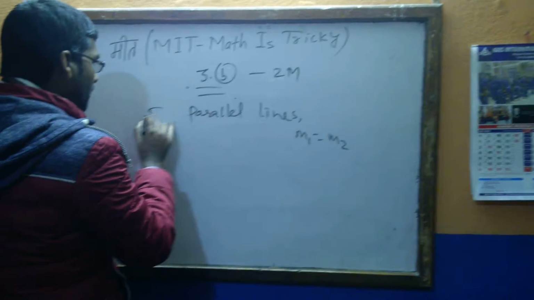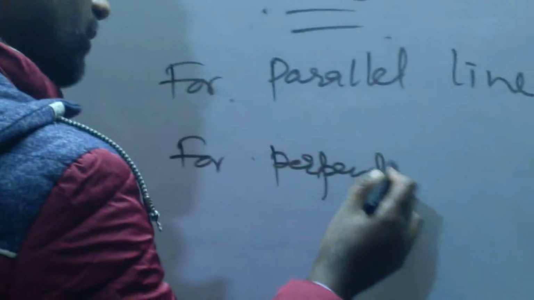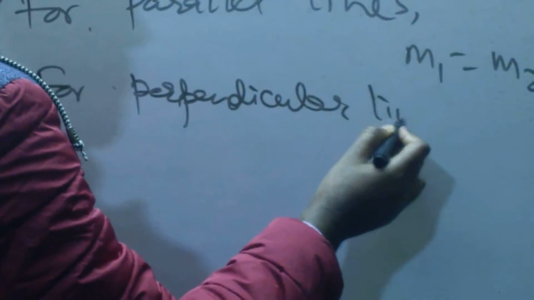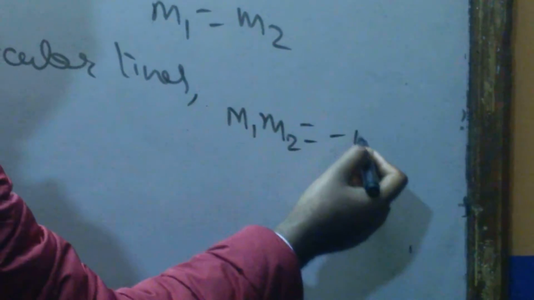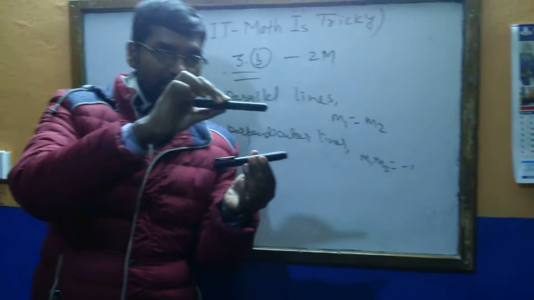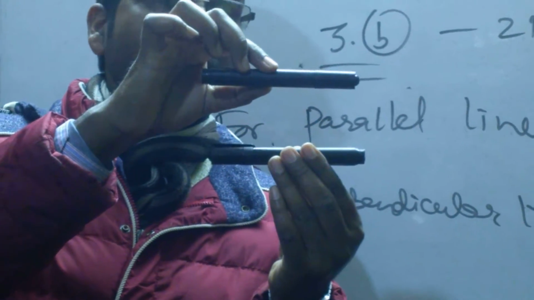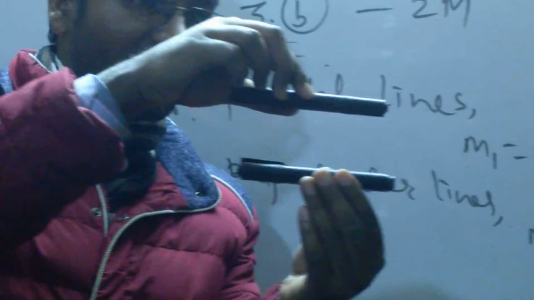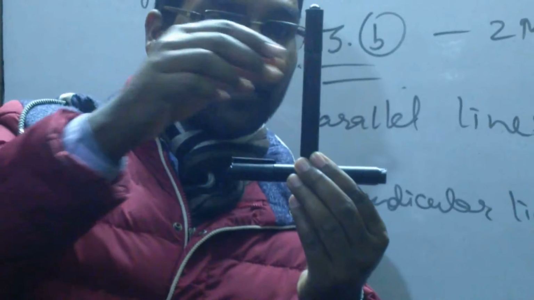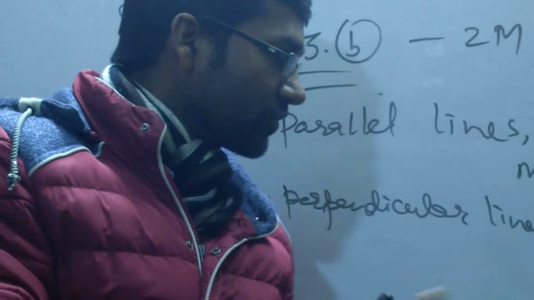For perpendicular lines, m1 times m2, that means the product of the slopes of two lines, will be -1. To remember: two lines are parallel means you can write an equal sign. If perpendicular, just slide this and write -1 as your condition.